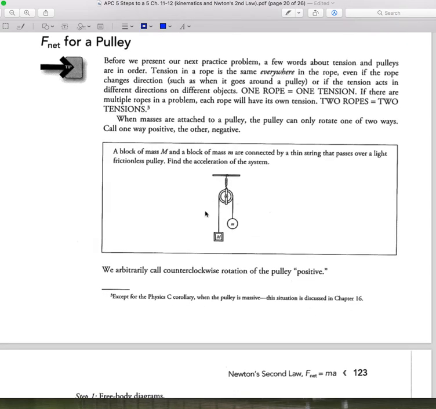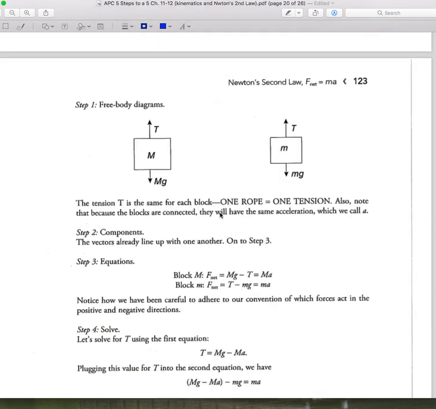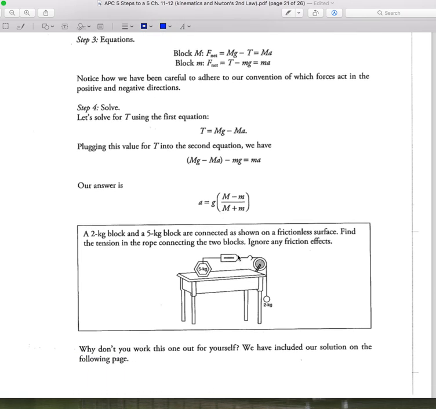Net for a pulley. Yeah, you're going to probably see pulleys in this test. They like that. They like springs a lot too. So you should remind me to ask some questions about springs. Oh, there's a spring right now. So if this is sitting on a table and it's not accelerating at all, then the tension in this would just be 2 kilograms worth, or 20 newtons of tension.